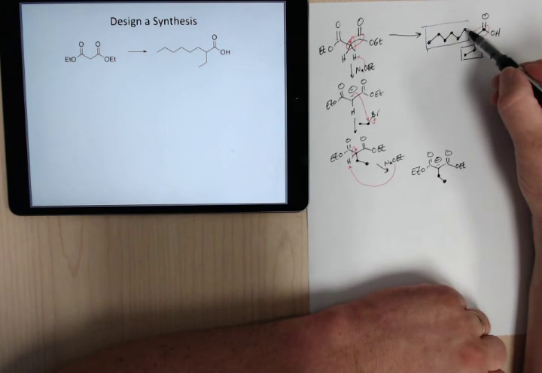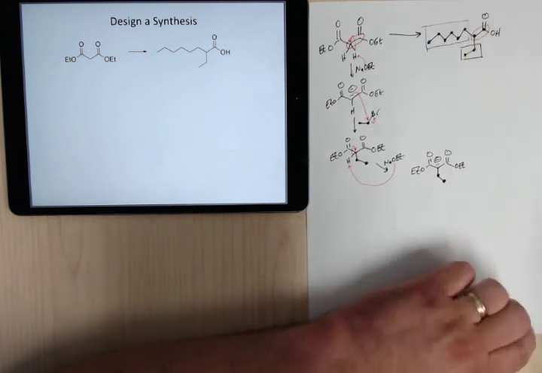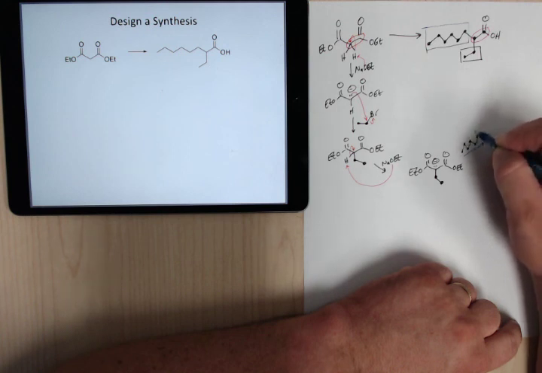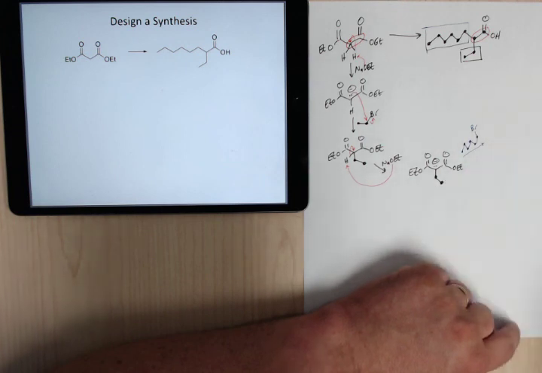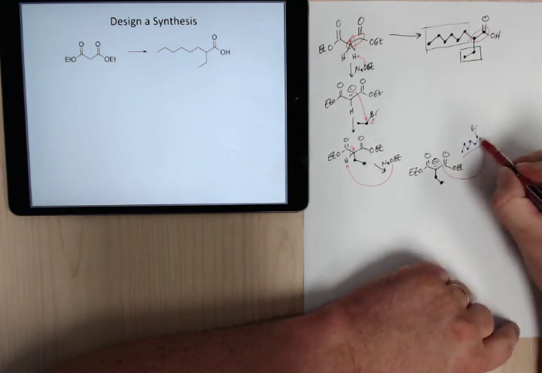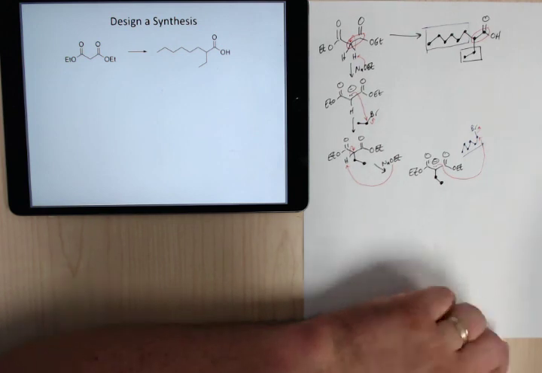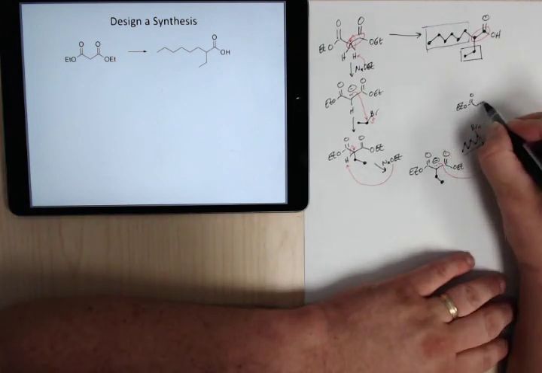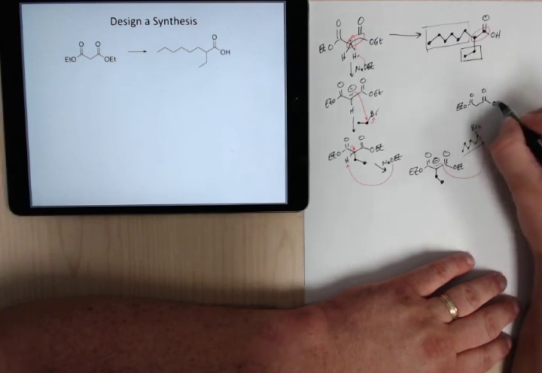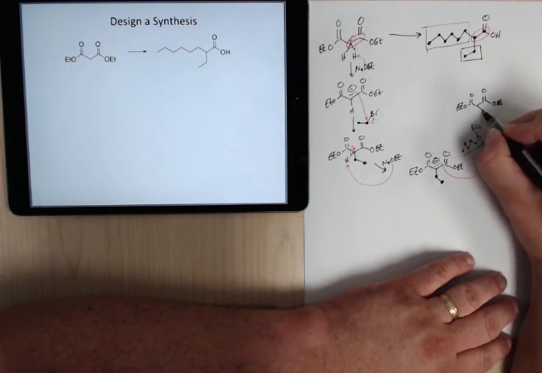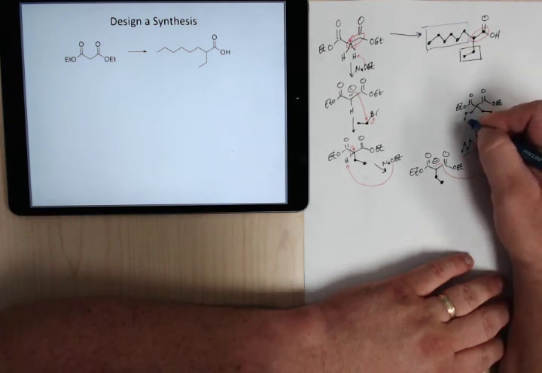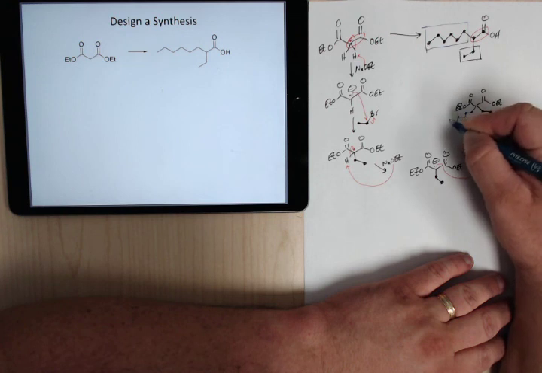Right? So now we need to add a 1, 2, 3, 4, 5, 6 carbon piece. Okay, so 1, 2, 3, 4, 5, 6, right? And then a bromine here. And so this is going to attack there, kick that away, and so you're going to end up with 1, 2, 3, 4, 5, 6, right?